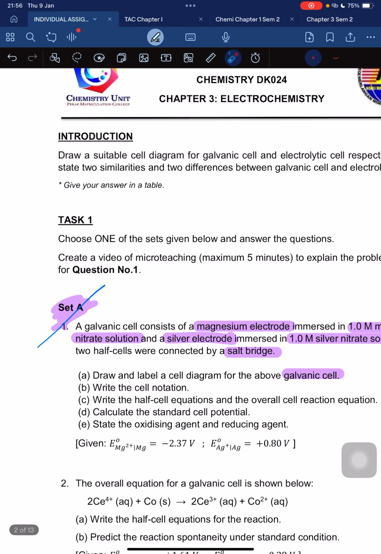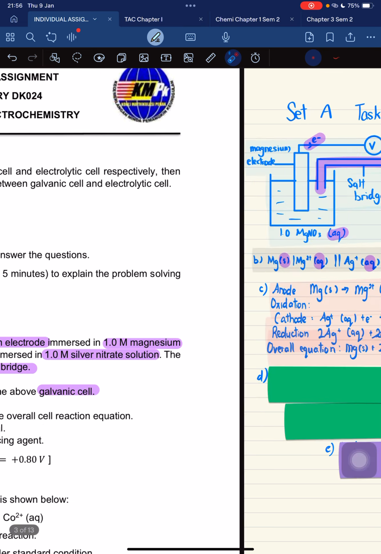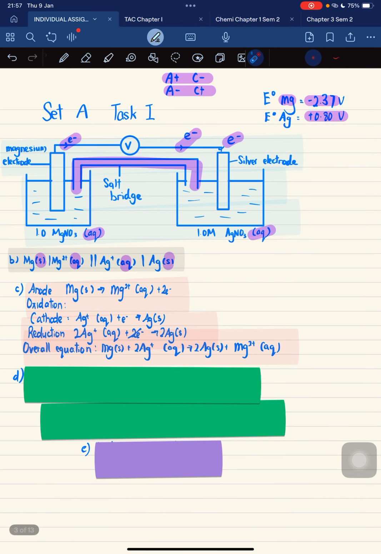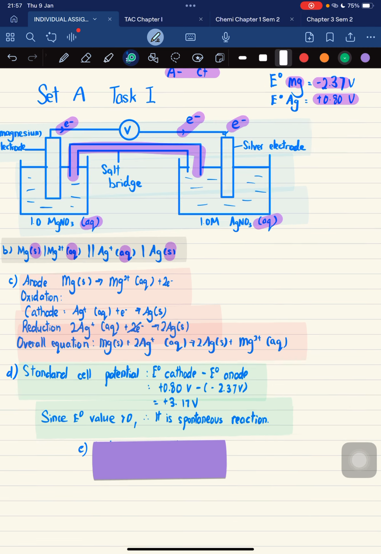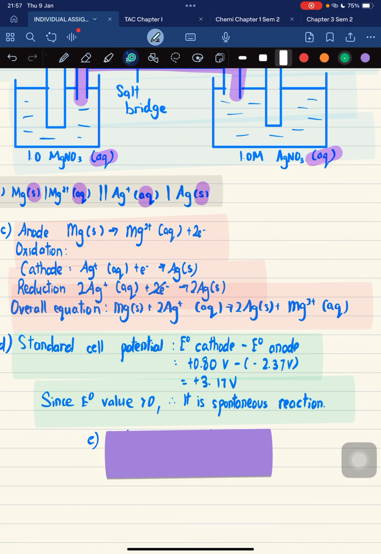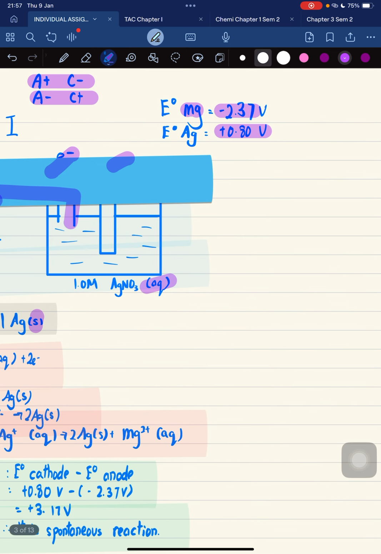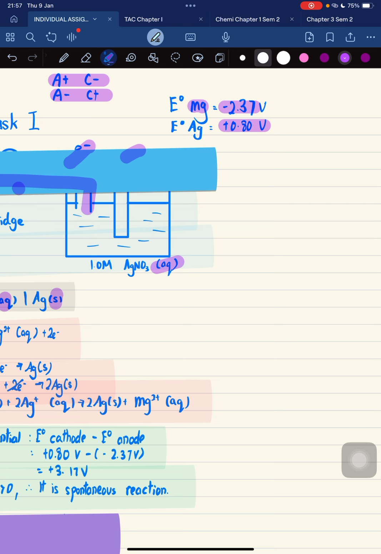And for D, calculate the standard cell potential. To calculate the standard cell potential, we have a formula, which is E naught value of cathode minus E naught value of anode. We can see that the E naught value of cathode, which is silver, is positive 0.8, and the E naught value of the anode, which is magnesium, is negative 2.37.